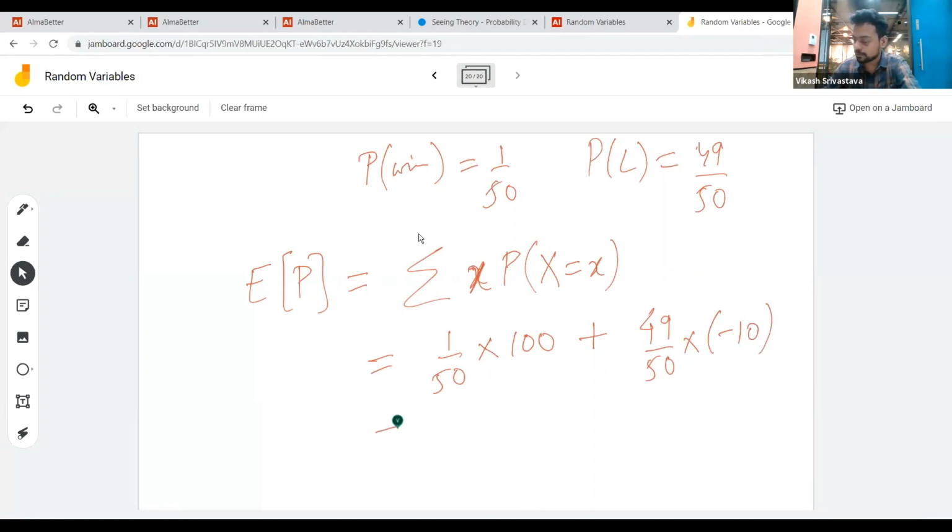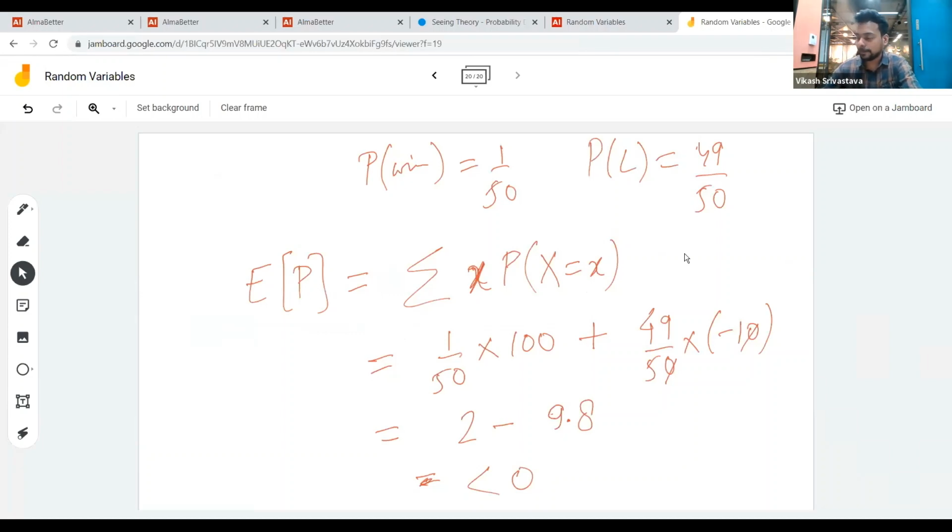So this comes out to 2 minus something very close to 10, maybe 9.8, I guess. So this is less than 0, so expected profit is negative to play this game, right?